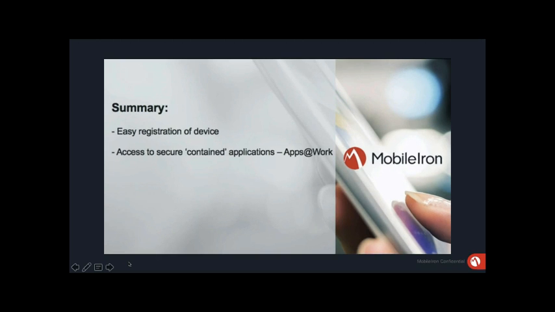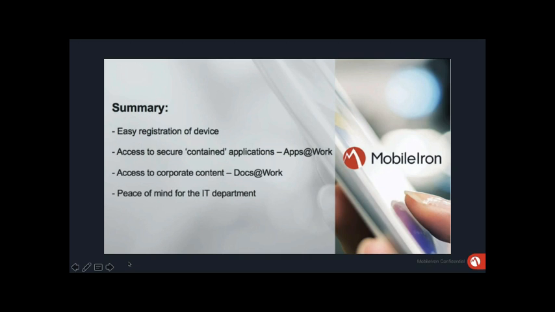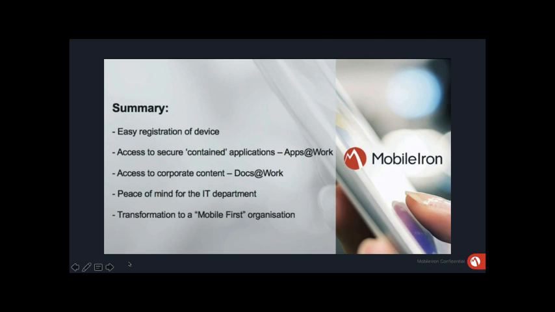From a user perspective, we have shown that we can give access to a range of applications that will support them in their role, and also shown that we can provide them access to content in order for them to be more productive and engaged at work. In the meantime, while this has all been happening, IT has had peace of mind that enterprise data is being protected. But more important here is the fact that your company is transforming its business, and it's doing so by becoming a mobile-first organization.